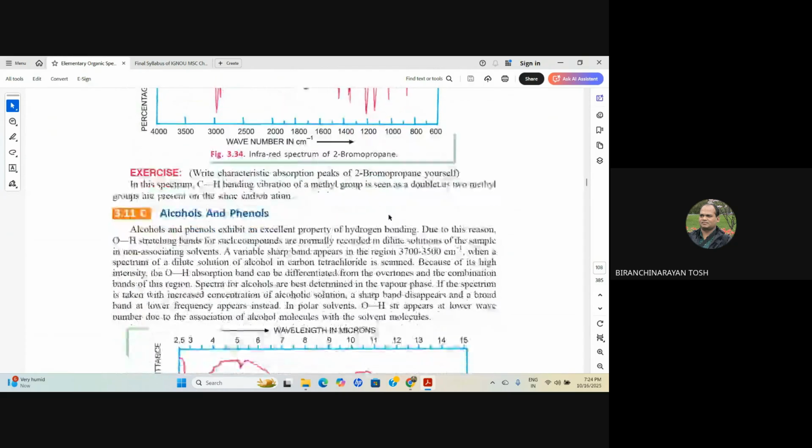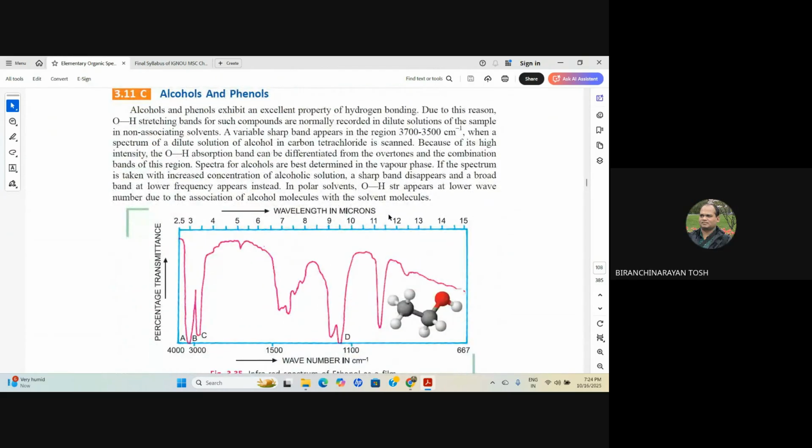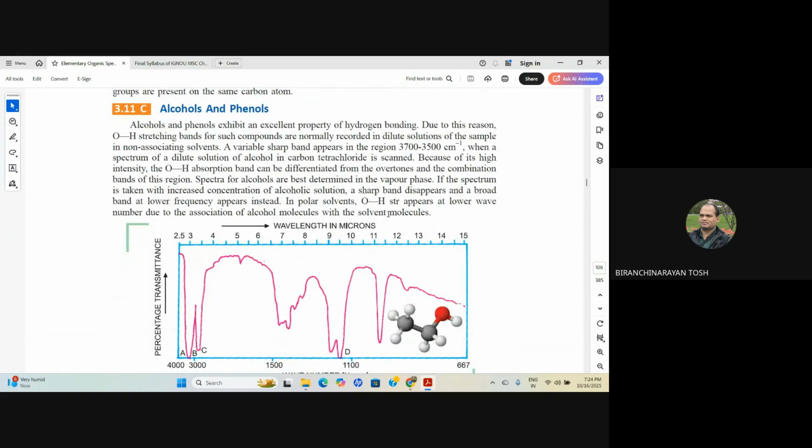Sir, in the case of metal chelation, as you were telling, changes will be there. During the changes, peaks will move upward or come downward, depending upon the bond strength and how the polarization occurs.